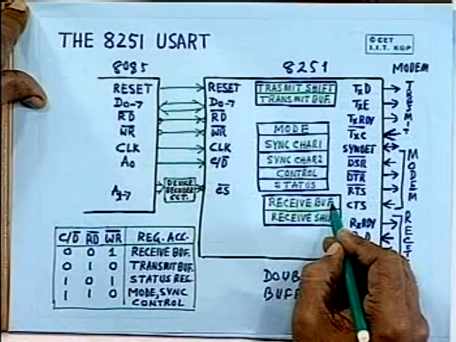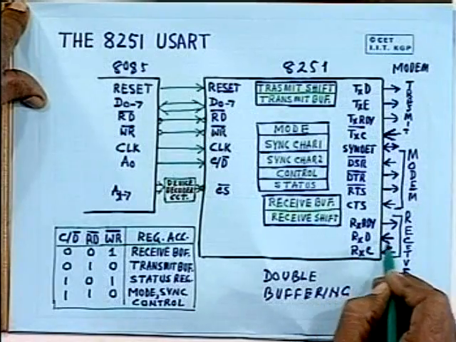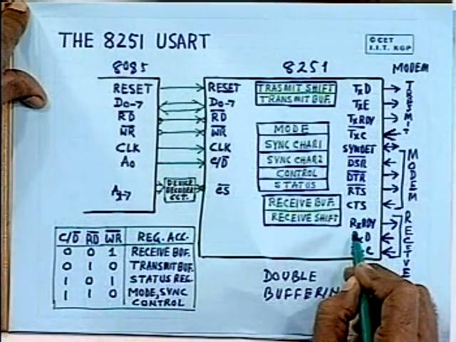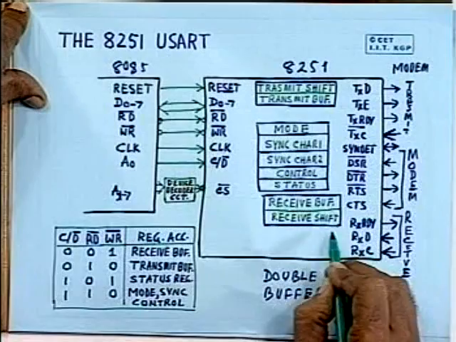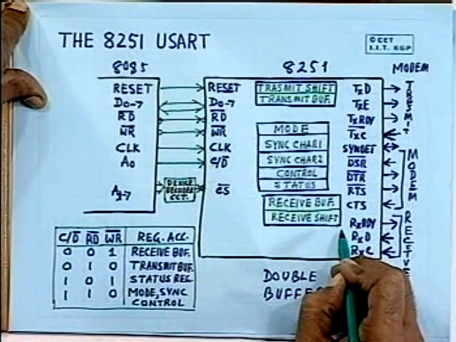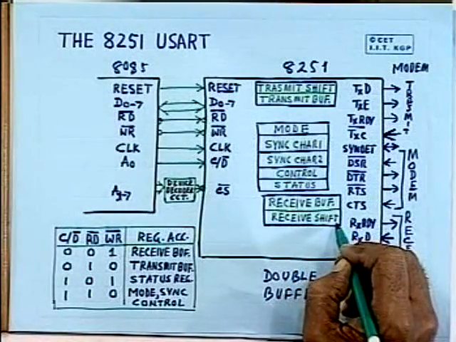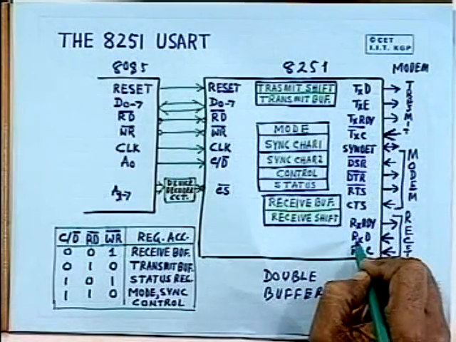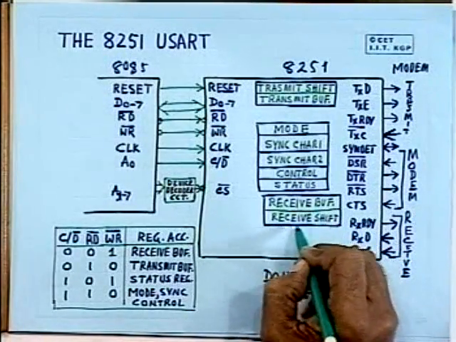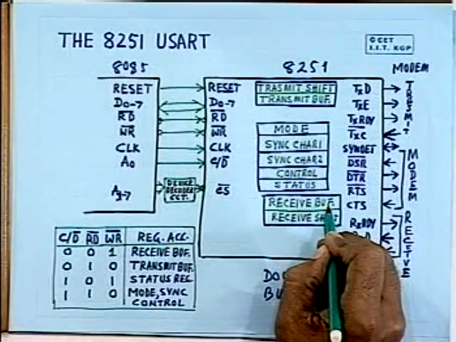Similarly, when a character is received in the receive buffer through the RxD line, the start bit, stop bit and parity bit are automatically stripped off, the parity is checked to see whether the calculated parity is the same as the received parity, and only the data byte is transferred to the receive buffer, which can be read by the microprocessor.